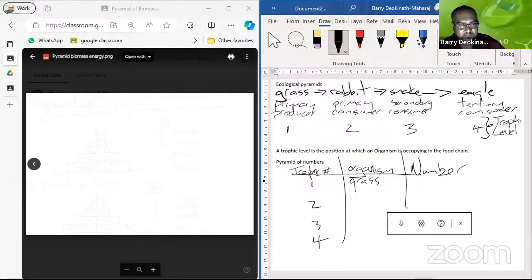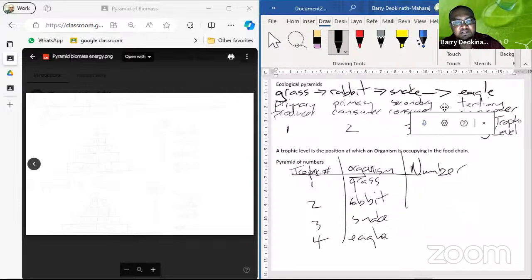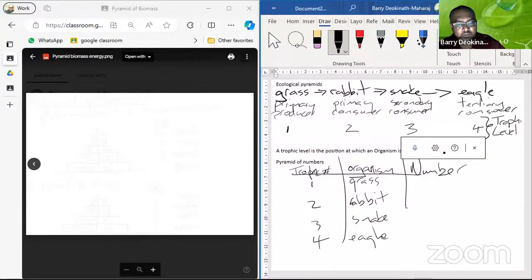Aidan? So the organism for trophic level 2 would be rabbit. Rabbit, very good. Then we would have the snake, and then the eagle. So what would take place now, we would actually count, remember we said we would count the numbers.